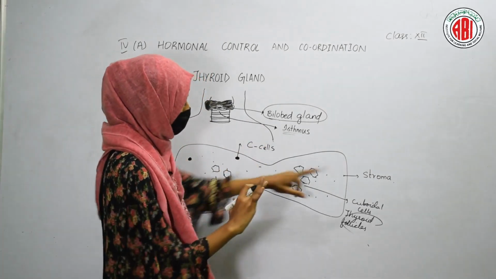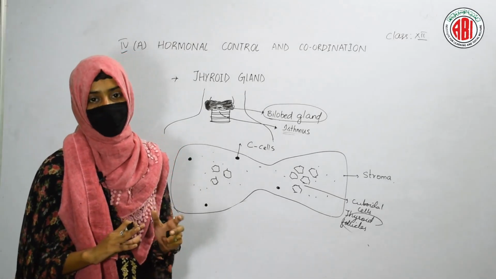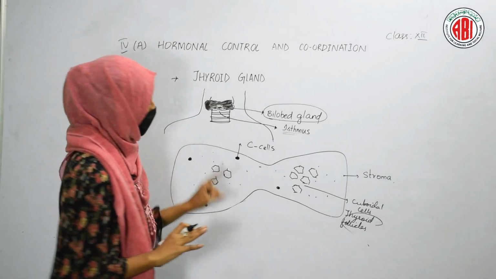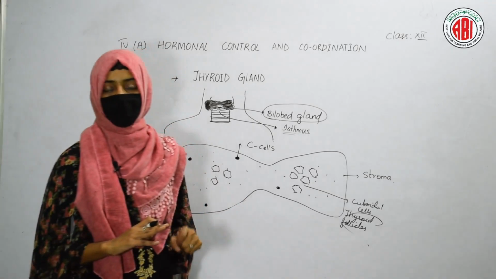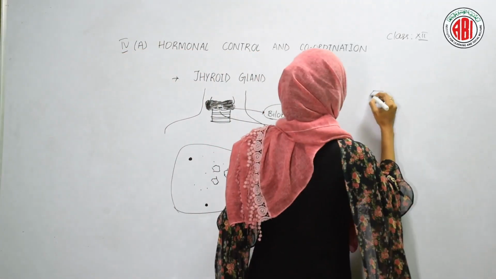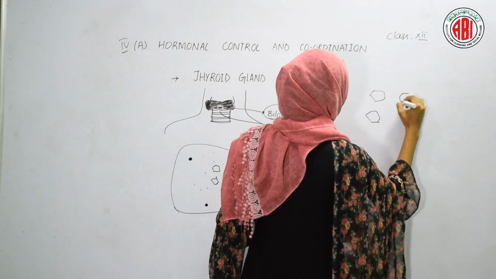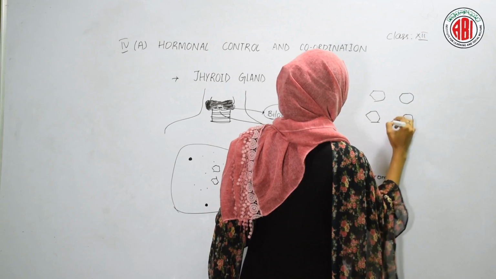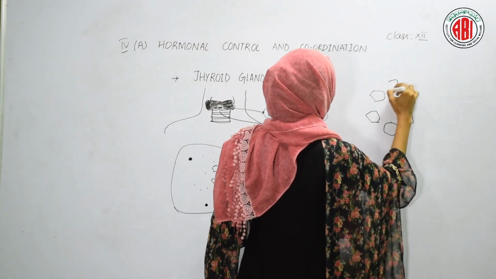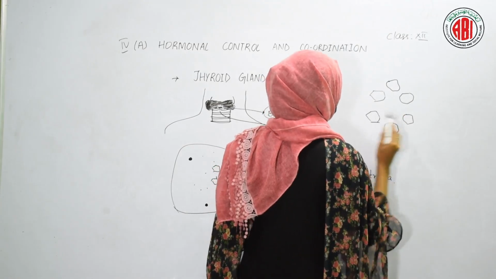We'll enlarge the structure of these cuboidal cells, which play a major role in the formation of thyroid hormone. How do these cuboidal cells of the thyroid gland get involved in the secretion of hormone? Let us see that. So these are our cuboidal cells. Here in the stroma, some space is present.